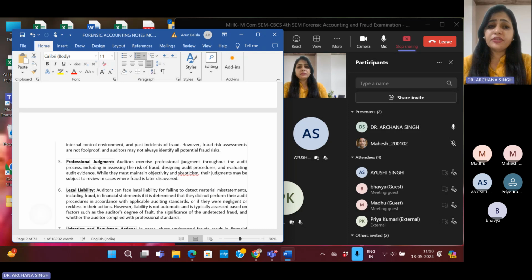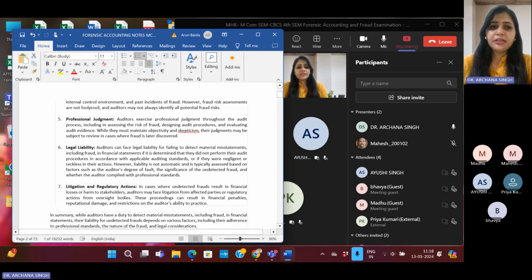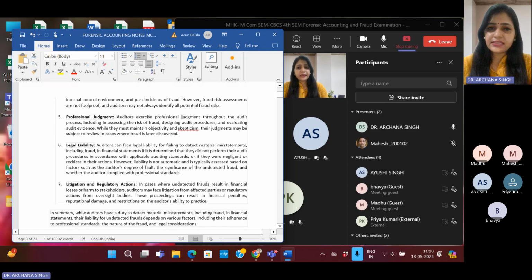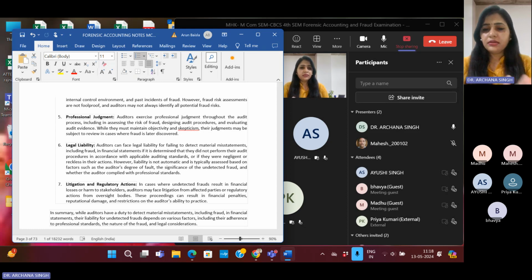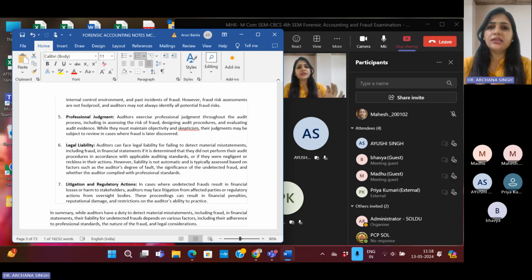Third is professional judgment. Auditors exercise professional judgment throughout the audit process, including assessing the risk of fraud, designing the audit procedures, and evaluating the audit evidence. While they must maintain objectivity and skepticism, which means being doubtful, their judgments must be subject to review in cases where fraud is later discovered.